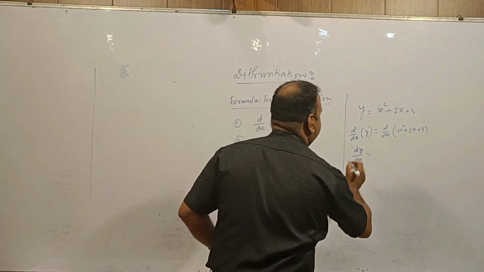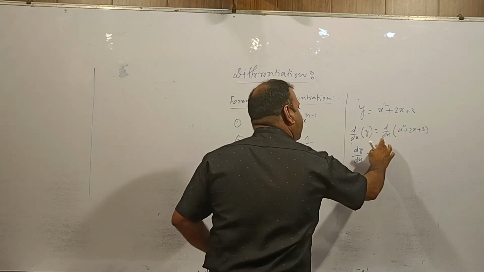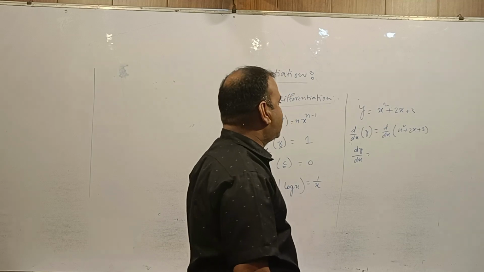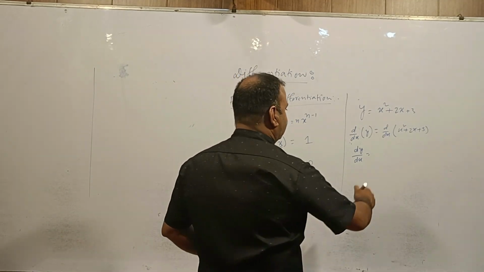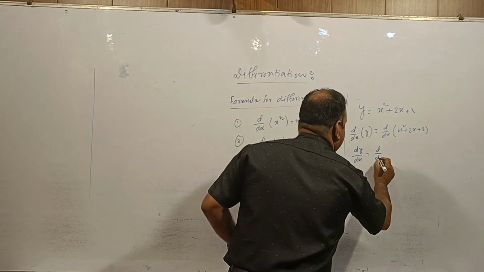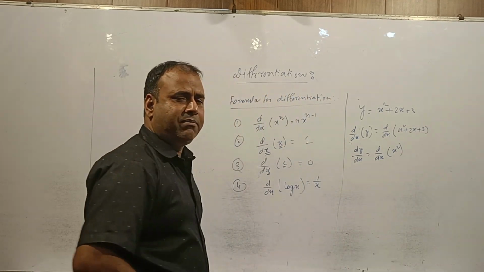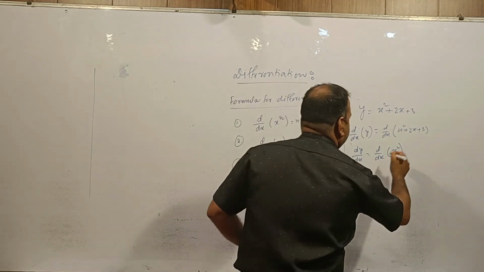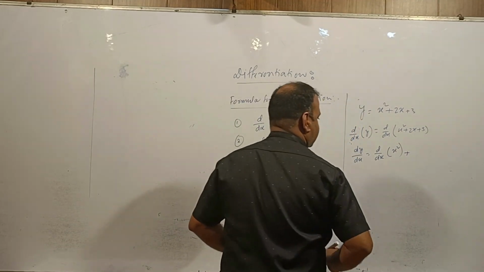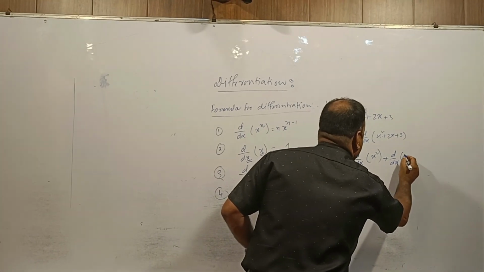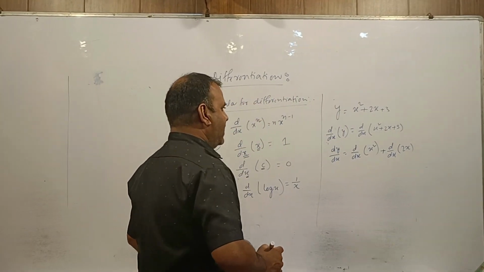Now what will we do? This d dx will be multiplied with all 3 terms which are given in the bracket. So we can write d dx of x square, the first term. Similarly, plus sign is given, plus d dx again, it will be 2x.